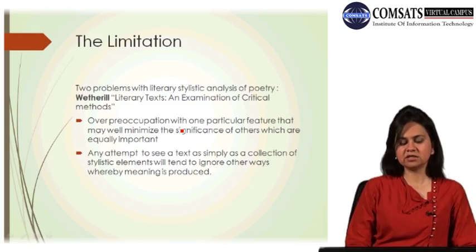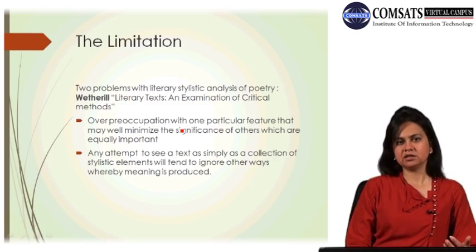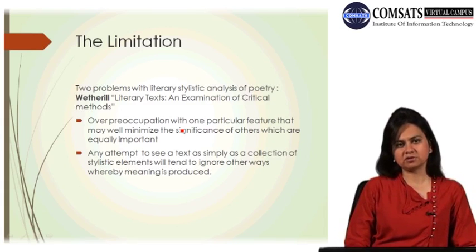So ignoring other ways through which meaning is produced would be one of the limitations of literary stylistics too, because here the literary stylistician is limiting his analysis to the study of the style of language by picking up abnormalities of language, curiosities of language, and the strange employment and use of language.